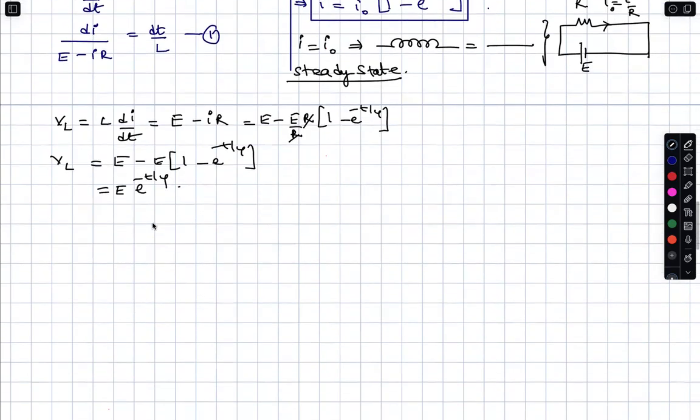So across the inductor, you can see, with x-axis as time and y-axis as the potential drop across the inductor, the graph behaves like this.